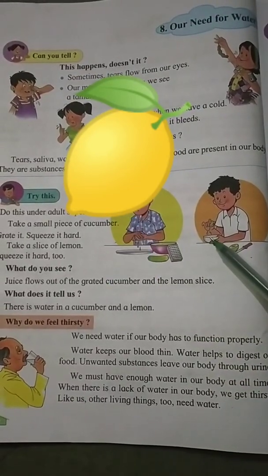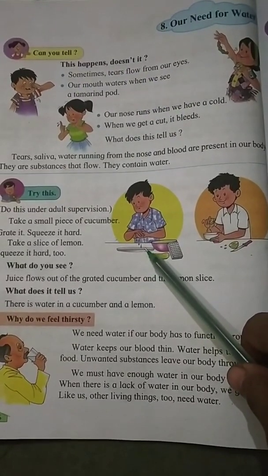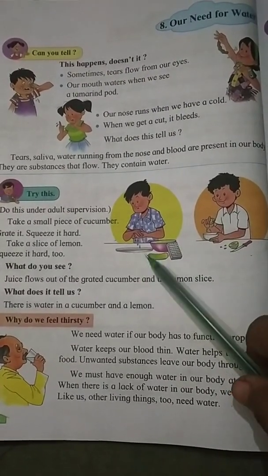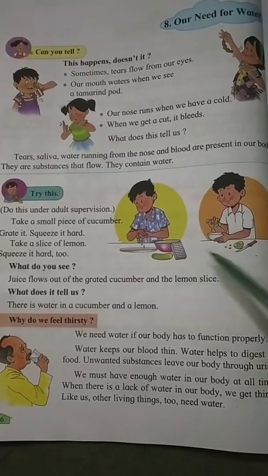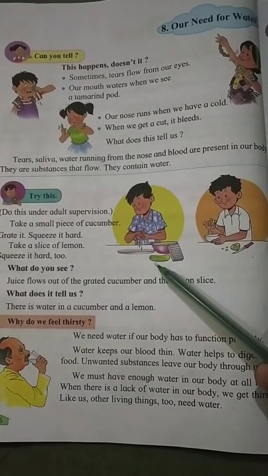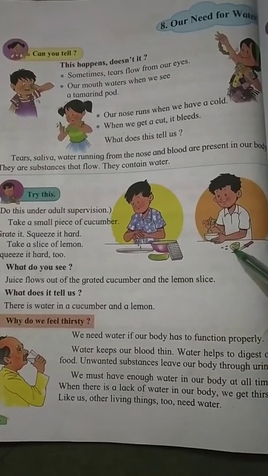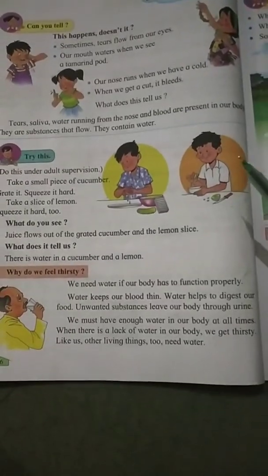So what does this tell us? Water flows out from the cucumber and the lemon. Which means what is present in the cucumber and lemon? Water. So water is present in the cucumber and lemon. Through this experiment we can understand.